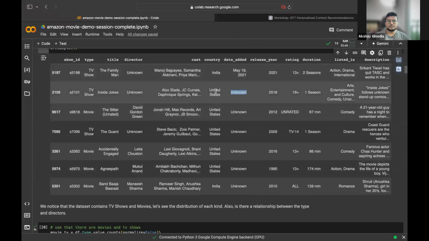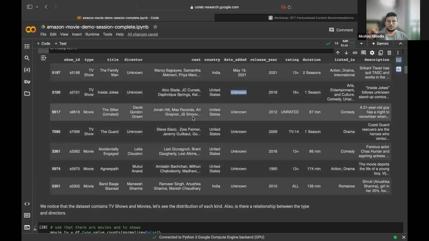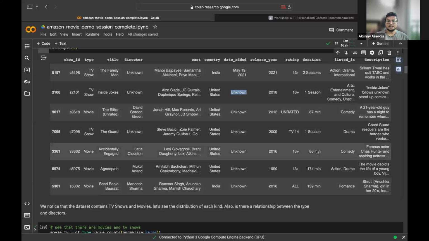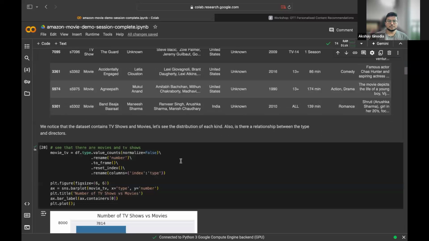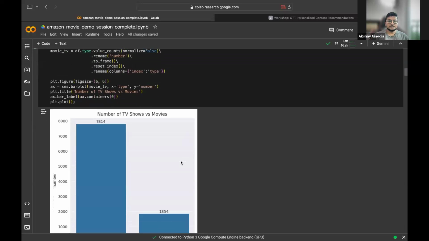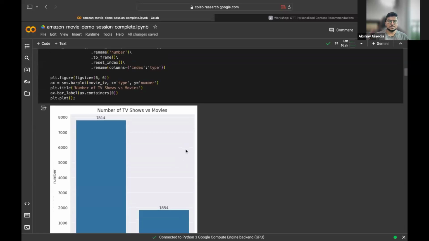For the country, you would see a lot of United States, because we have imputed missing values with the most frequently occurring country. Director also you'll see a lot of unknowns, wherever there were missing values.